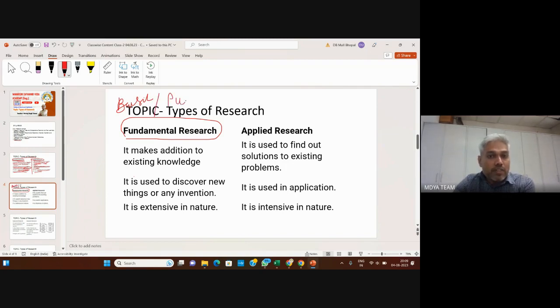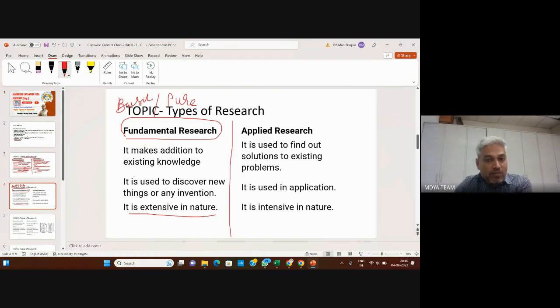The other names of fundamental research are basic and pure research. It makes an addition to existing knowledge. Whatever knowledge exists, it is an addition to it, right? What does fundamental research do? It adds something to existing knowledge. It is used to discover new things or any invention. It is extensive in nature, right?